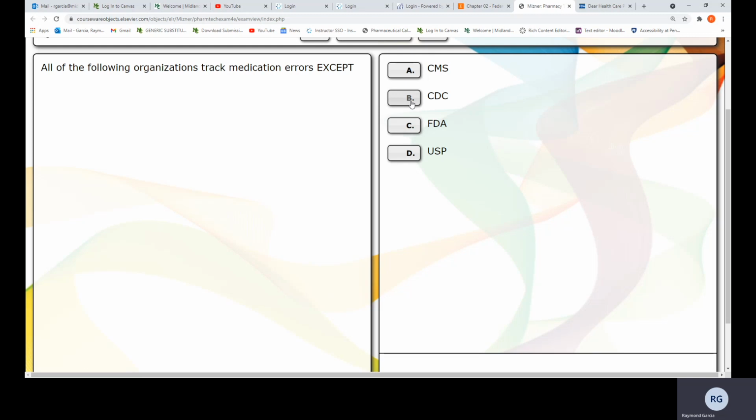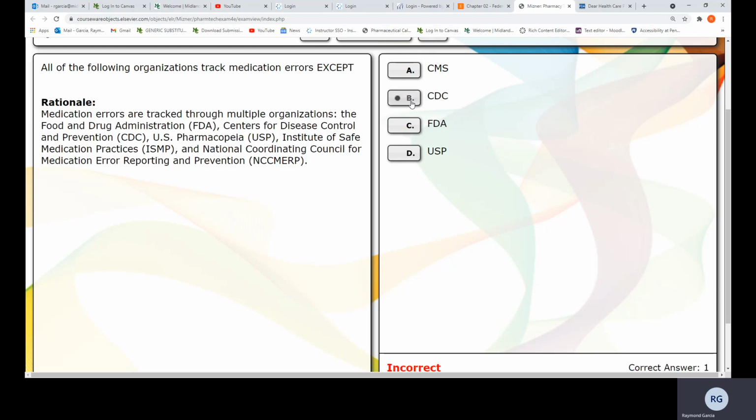CDC? Actually, medication errors are tracked through multiple organizations, including the Centers for Disease Control, USP, the U.S. Pharmacopeia, the Institute for Safe Medication Practices, ISMP, and the National Coordinating Council for Medication Error Reporting.